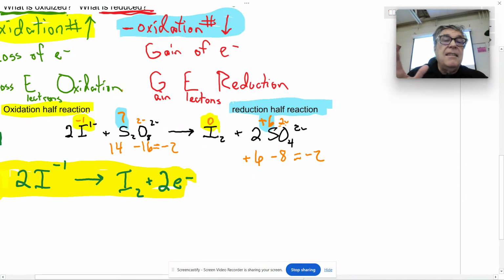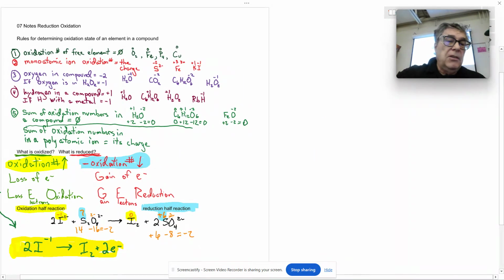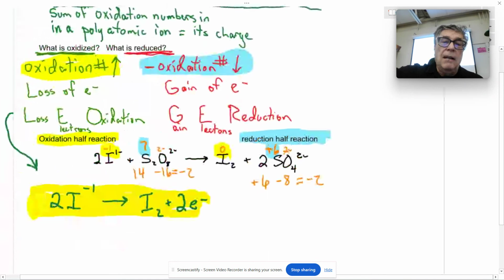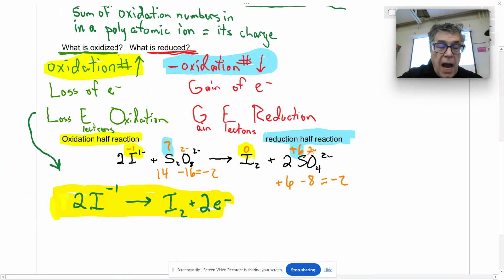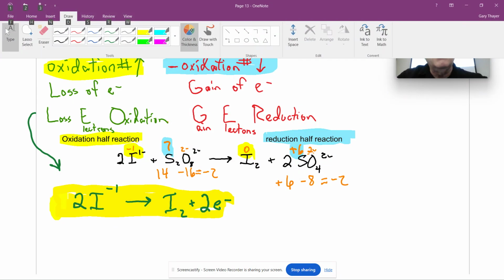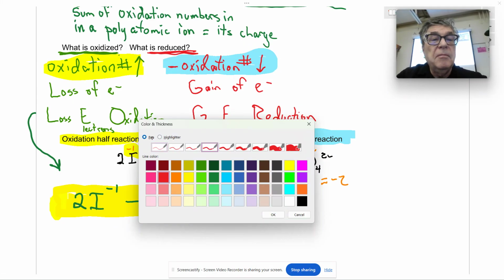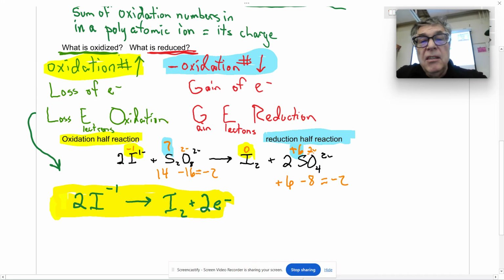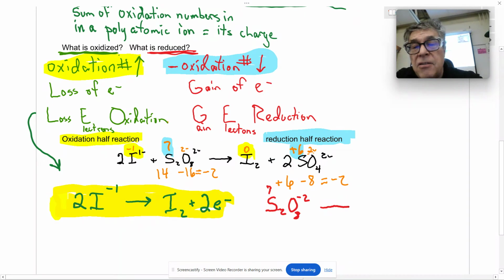But we're going to write the entire species here. Sorry. And I'm going to write it in red to keep with my oxidation stuff up above. So the S2O8 that had an overall charge of -2, I'm going to put the 7 here just to help us keep track of what changed.